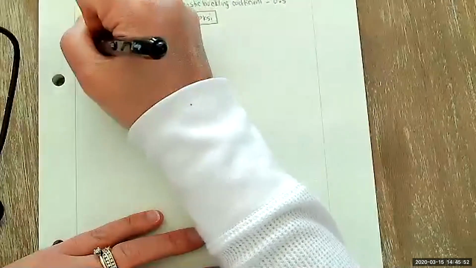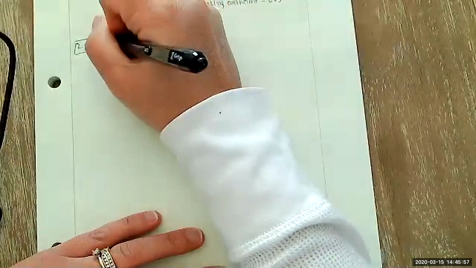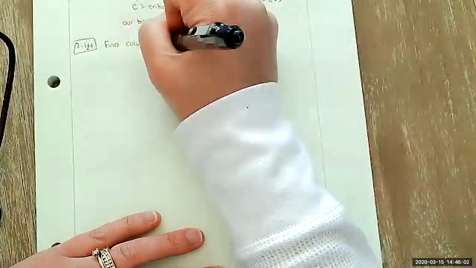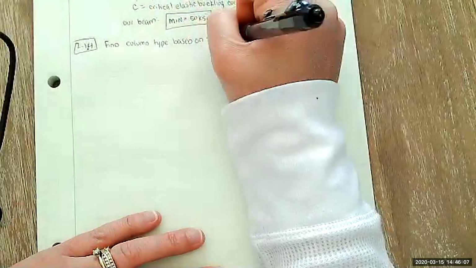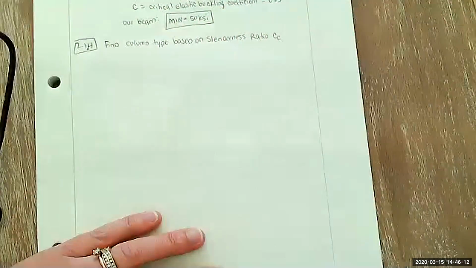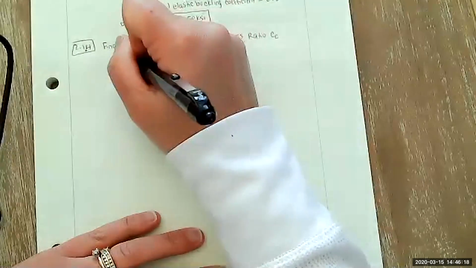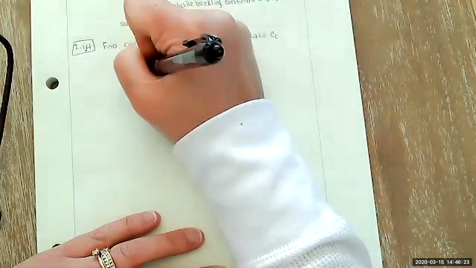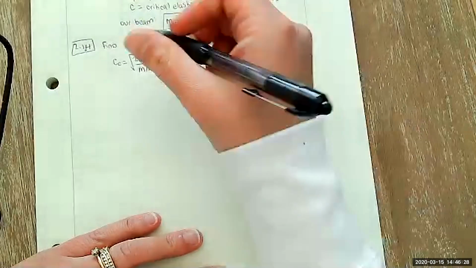So the next step, 2.1.4, is to find the column type based on our slenderness ratio and C sub C. C sub C is defined as the square root of 2 pi squared times the elastic modulus divided by this minimum value we found in step 2.1.3.